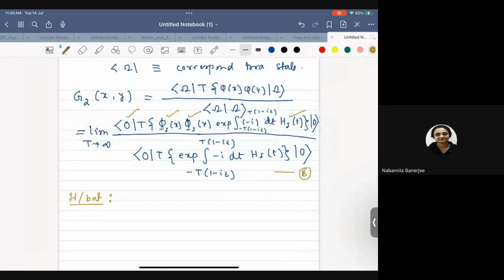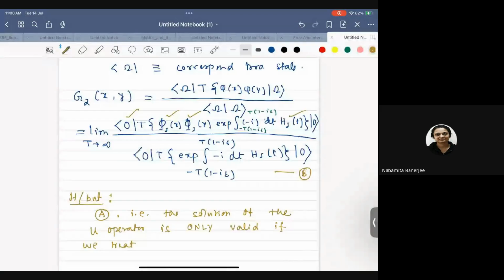Okay, so the important point is that A, the solution of the U operator, is only valid if we treat each interaction perturbatively in lambda.